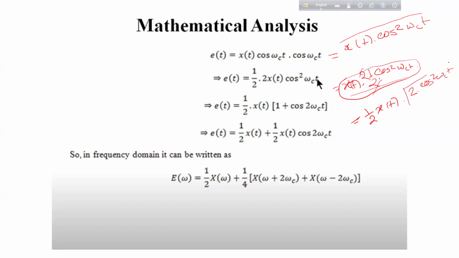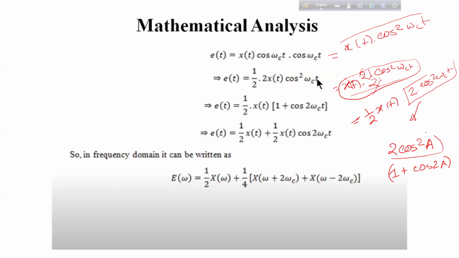Now, this 2 cos square omega ct, we can further analyze this portion using an algebraic formula. Now, what is the formula? The formula is 2 cos square a can be written like 1 plus cos 2a.